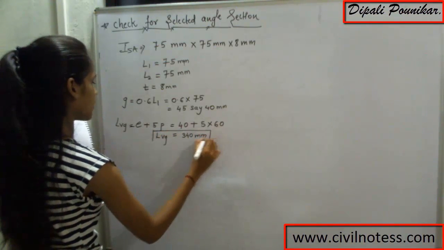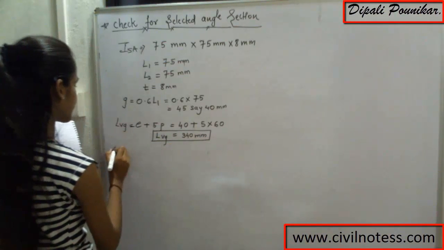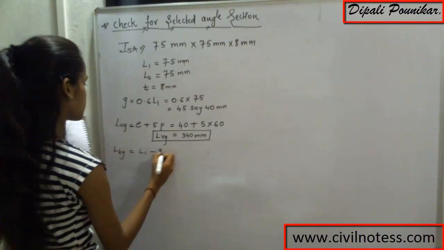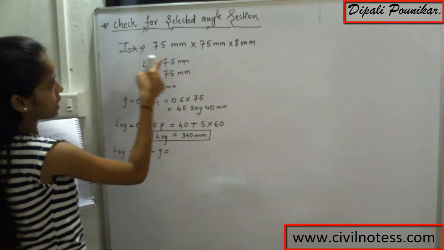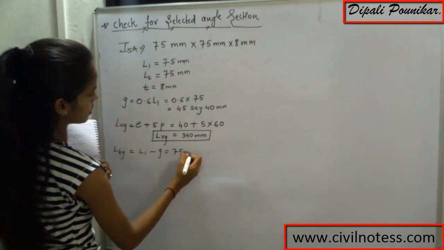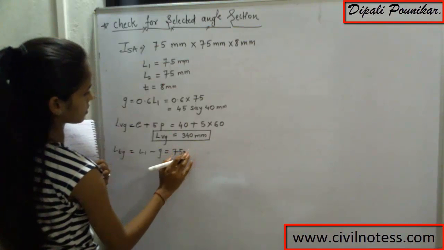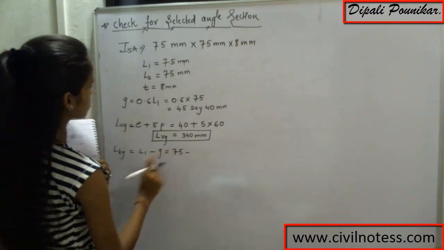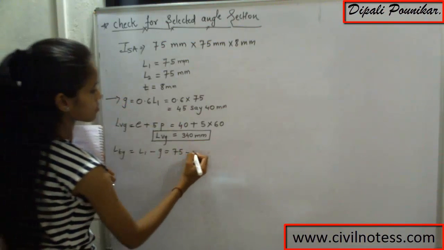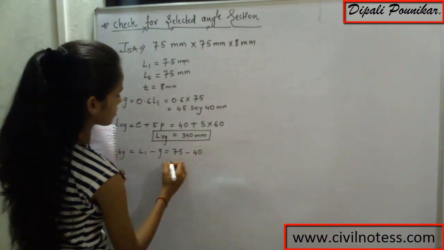After that, we have to calculate the value of LTG, that is L1 minus G. The value of L1 is 75 mm, which is already given, minus G, the gauge distance, that is 40 mm.